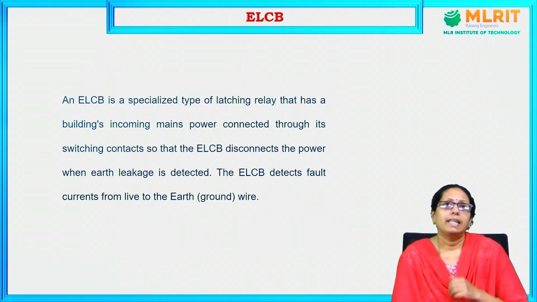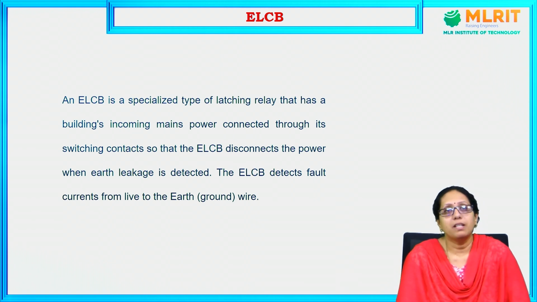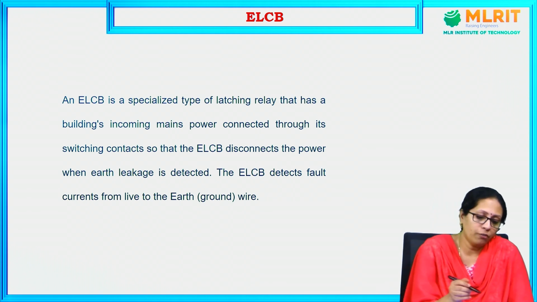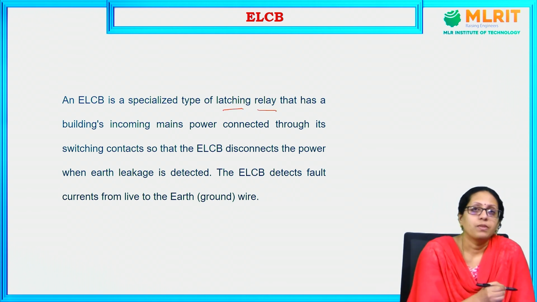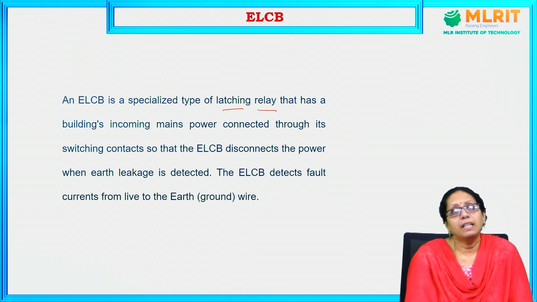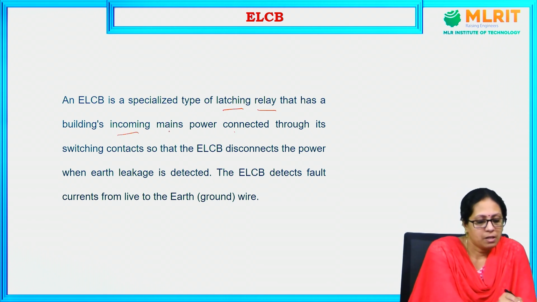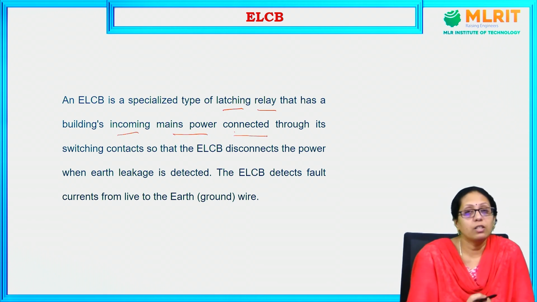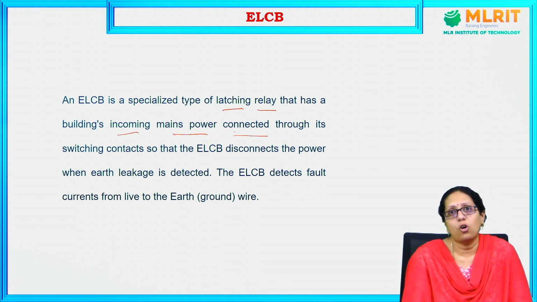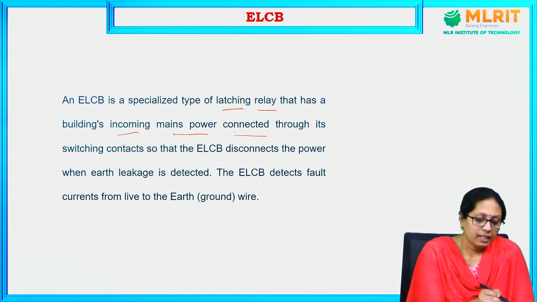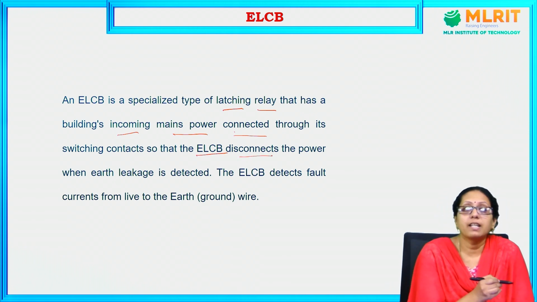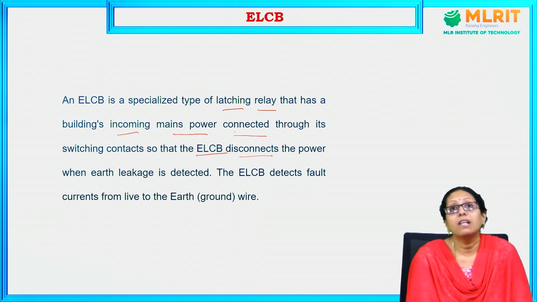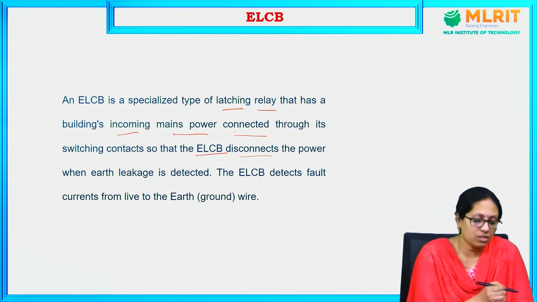This is ELCB. ELCB is nothing but earth leakage circuit breaker, which is a specialized type of latching relay that has an incoming main power connected through its switching contacts, so that ELCB disconnects the power when earth leakage is detected.